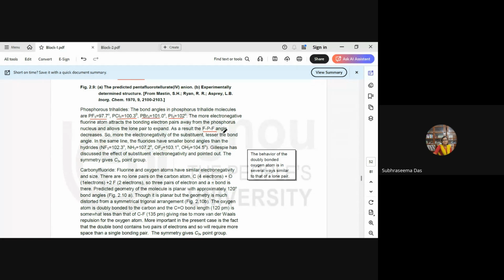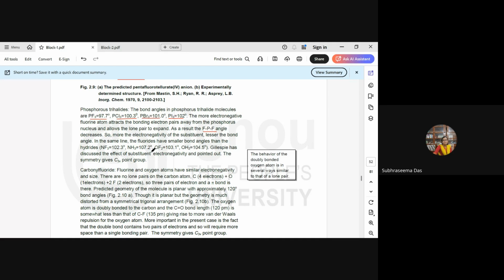We know that fluorine is the most electronegative element. When it attaches to the phosphorus atom, it pulls the bonding pairs away from the phosphorus. Because it pulls the bonding pair away, the FPF bond angle decreases. So when a more electronegative substituent is added, the bond angle decreases.